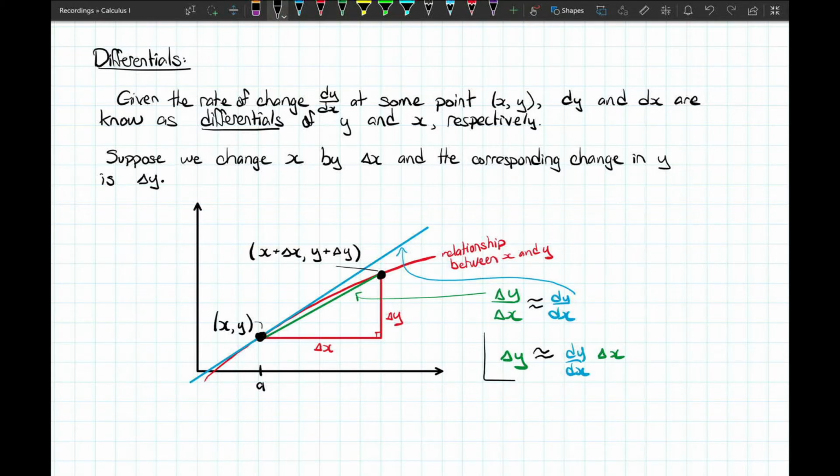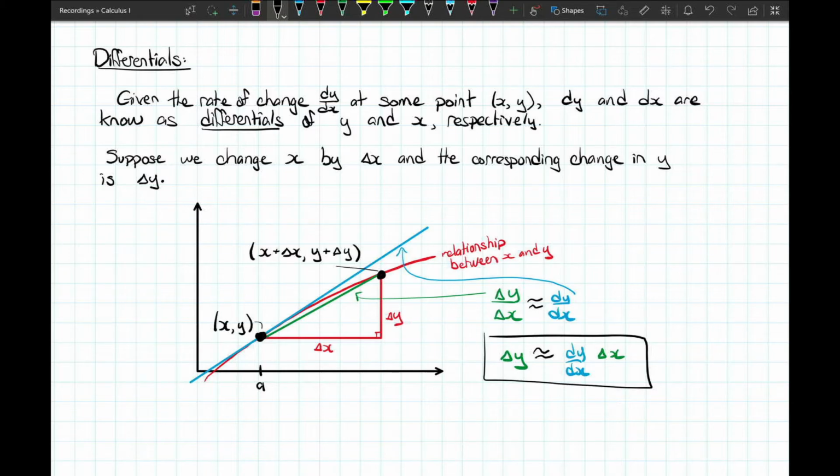So this is how we can approximate the change in y and not have to compute it by actually evaluating 2 different points and subtracting to get delta y. We just need to calculate the derivative, which could be very straightforward, find out what that derivative is at the point, and multiply by how much we want to change x by.